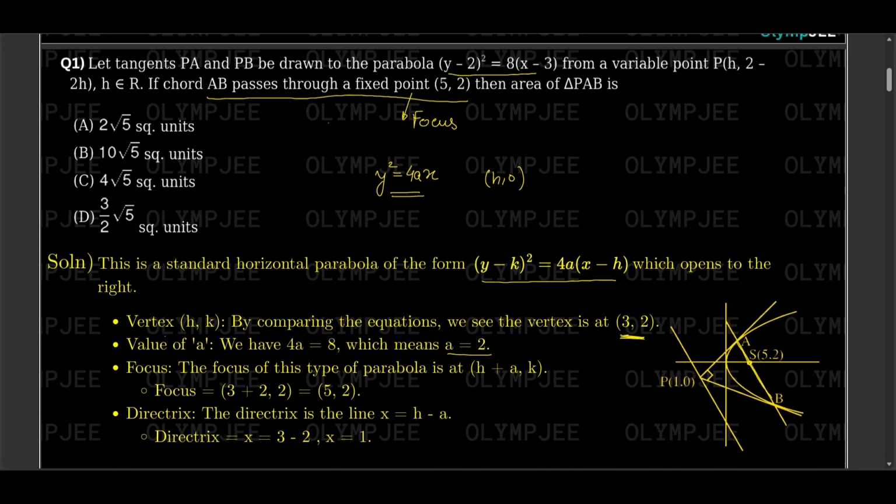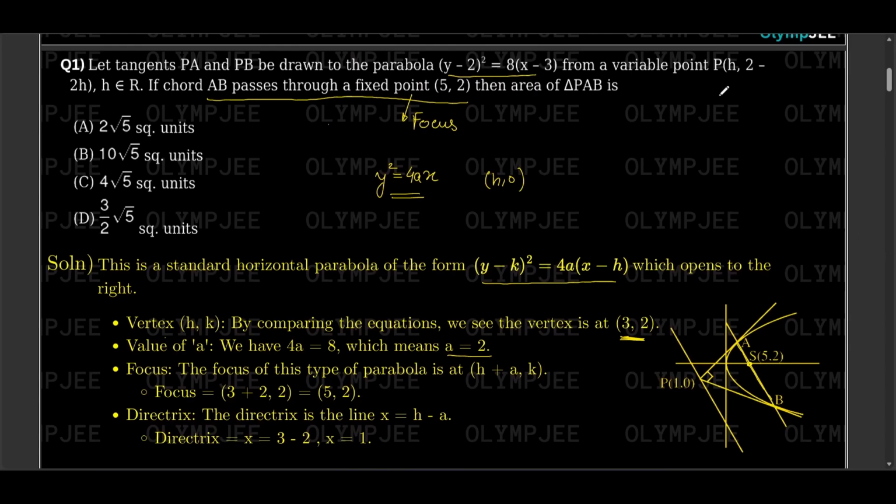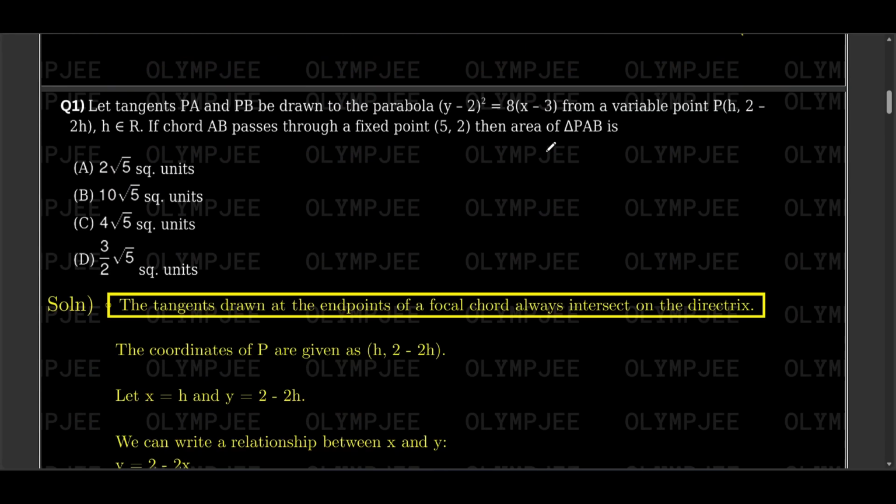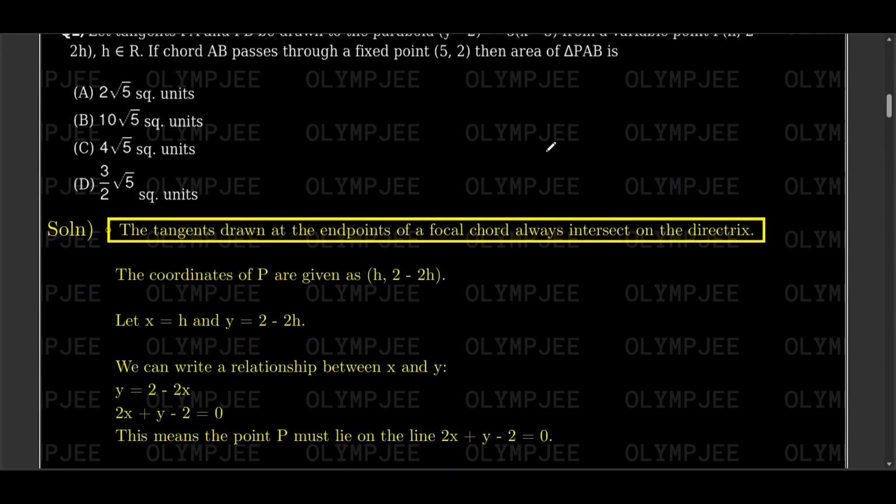So the tangents are meeting at the variable point P, and this variable point P must be on the directrix. We are also given that the coordinates of P are (h, 2 minus 2h).